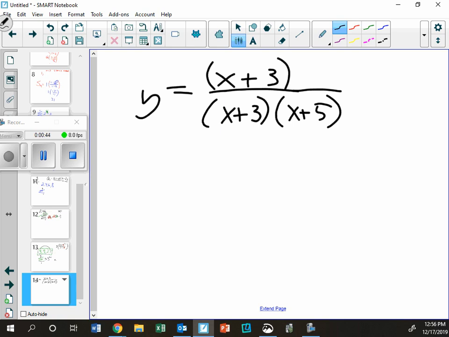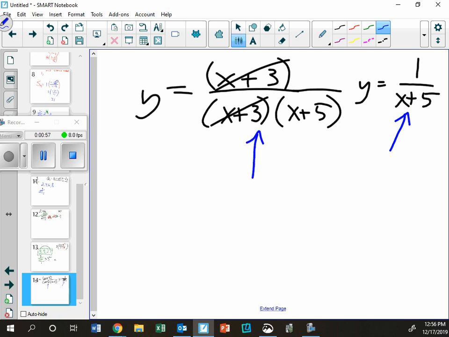Okay, so by now I hope you've already canceled that, and this is important, rewrote the answer as 1 over x plus 5. Now I want you to think about this for a second. Is this exactly the same as that? No. Because the first one had an allergy to negative 3's. The second one doesn't. You get what I'm saying by that?